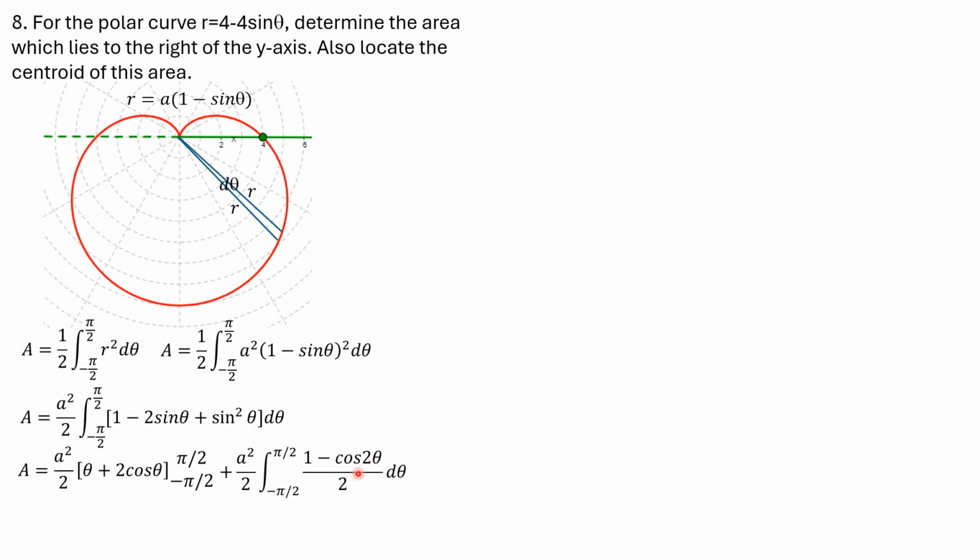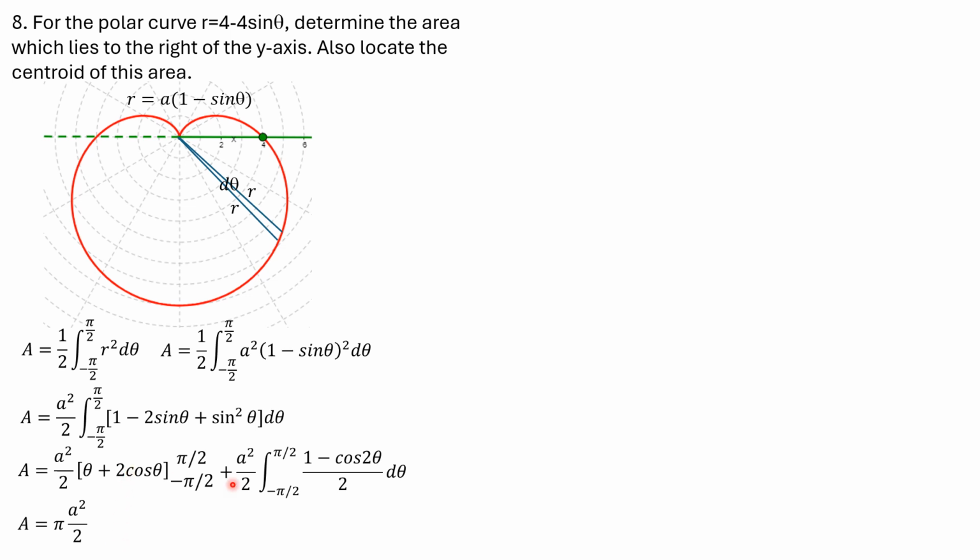So anyway, let's still evaluate that. So as I said, this would be 0, so pi over 2 minus negative pi over 2 is pi. This is just pi. Area equals pi a squared over 2.